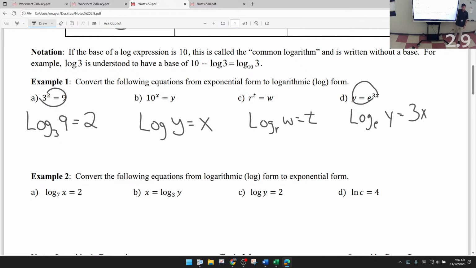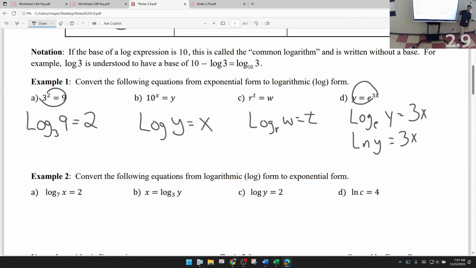But again, you want to seem intelligent, and you won't ever see log with a base of e, because anytime you have the log of base e, that's the natural log of y equals 3x. So natural log, and then the log with no base.